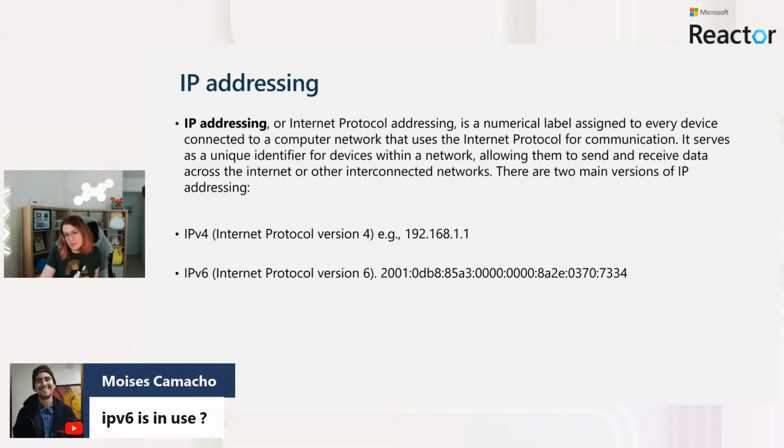Probably in your more public facing stuff, you will still see version 4 way more than version 6, but certainly internet service providers and their backbones and certain large networks that are a bit more advanced are using IP version 6. But if you're looking at your home network and your home router, it's all IP version 4 still.